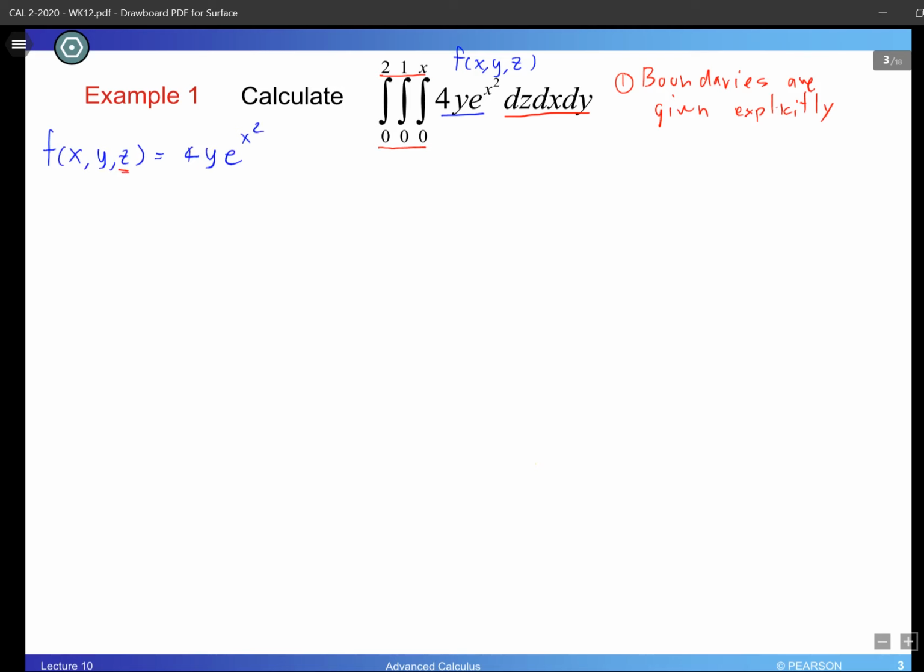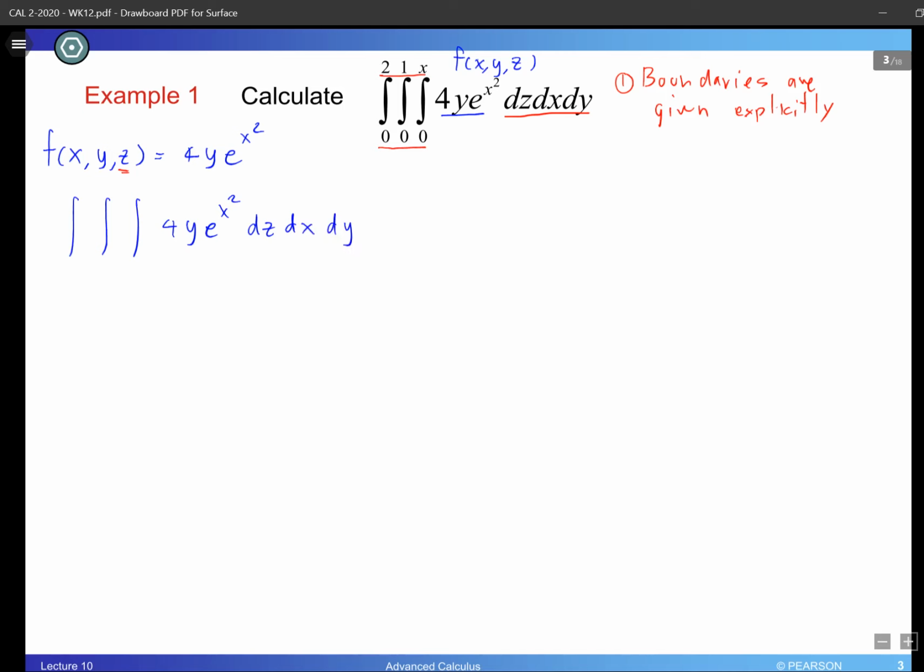Alright, so let's start with the triple integral right here. So we are going to perform the triple integral of this multivariable function 4y e to the power of x squared, with respect to z first, then with respect to x, and last with respect to y.